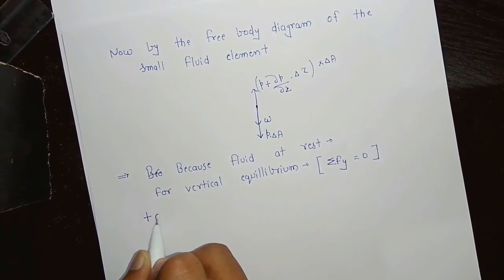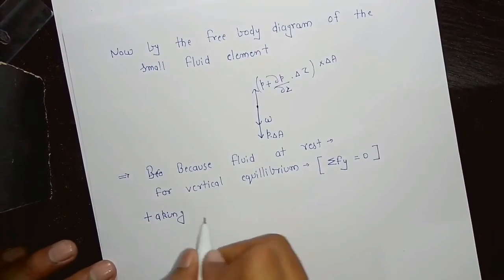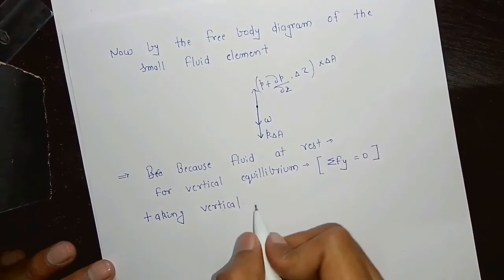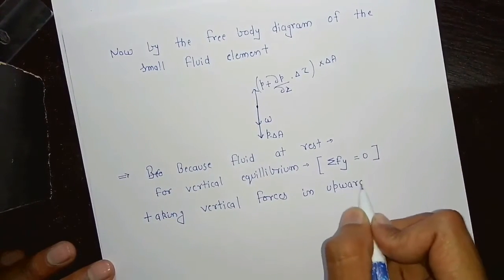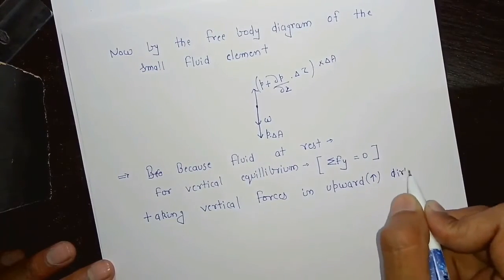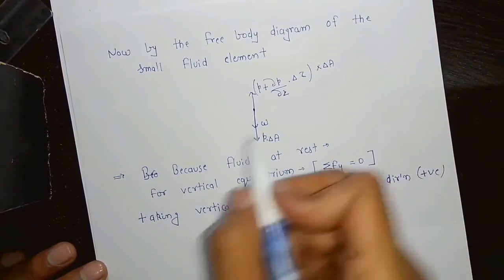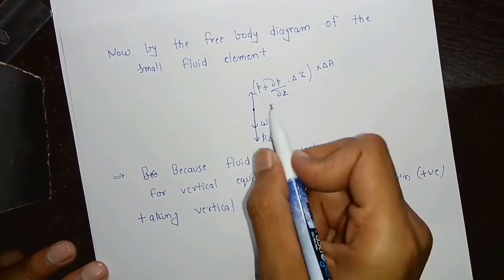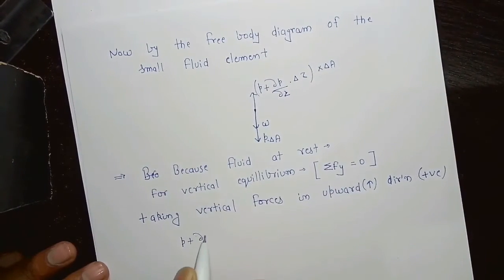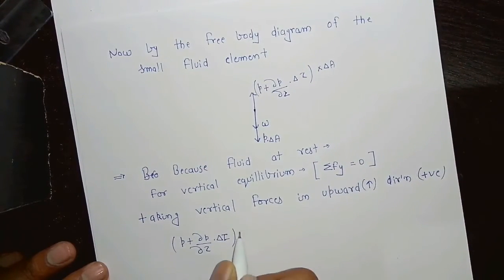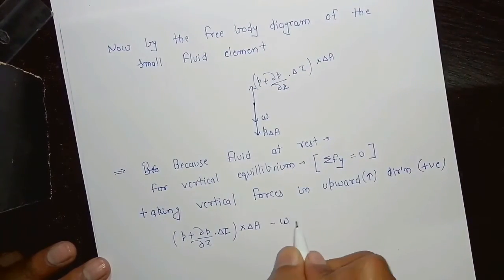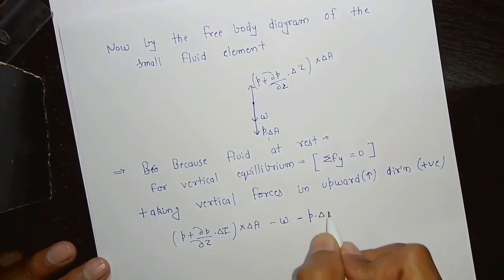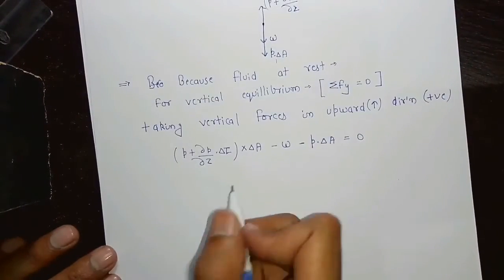Taking vertical forces in upward direction positive, so this force will be positive: p plus del p divided by del Z into delta Z into delta A, negative W because it is in downward direction, and negative p into delta A as it is also in downward direction.